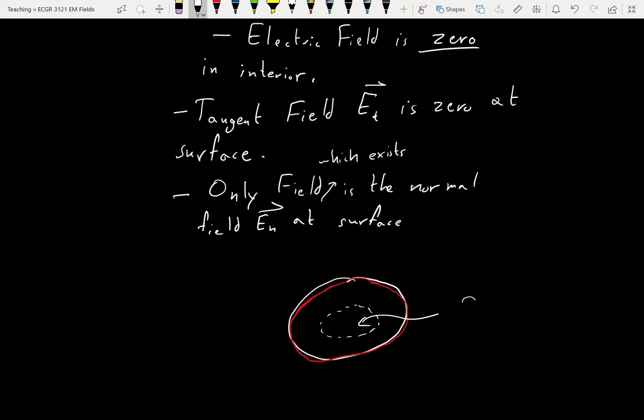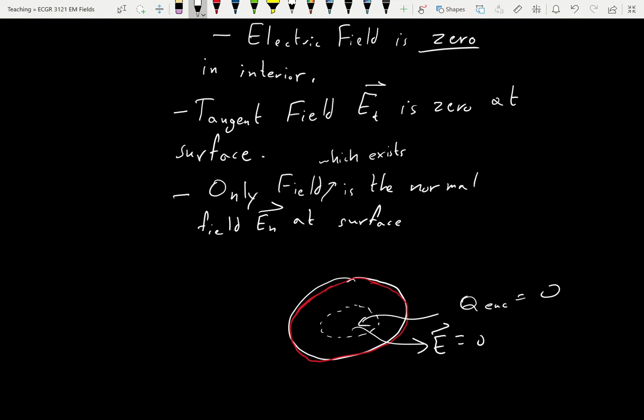Q enclosed is 0. That tells me that the electric field times this Gaussian surface is going to be 0, and from the symmetry, the field needs to be 0. So E is 0 inside the conductor, always at steady state.